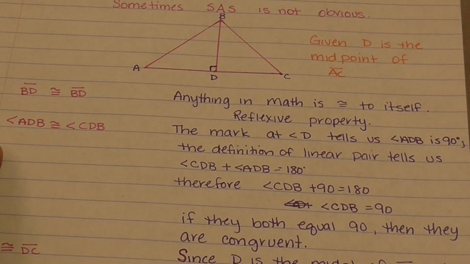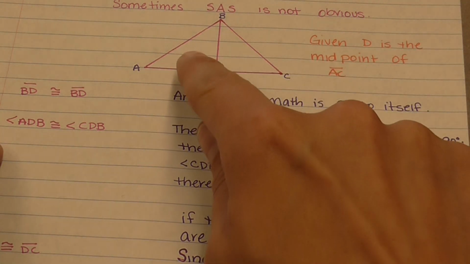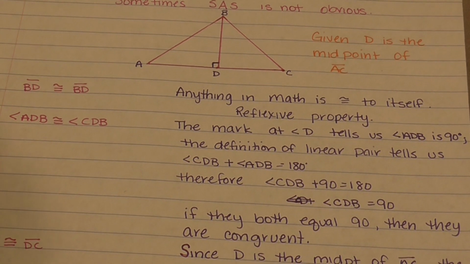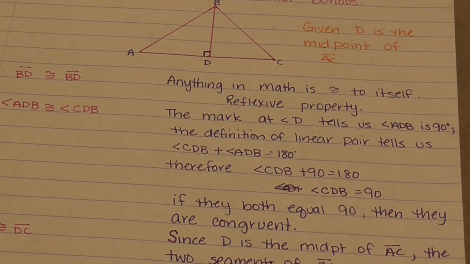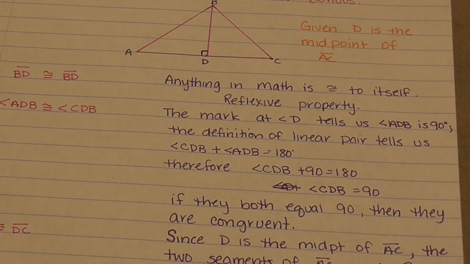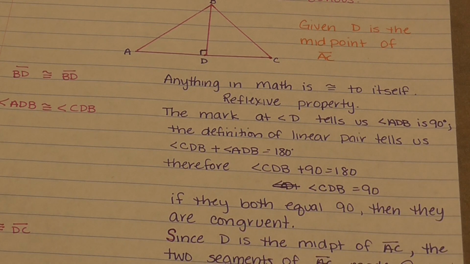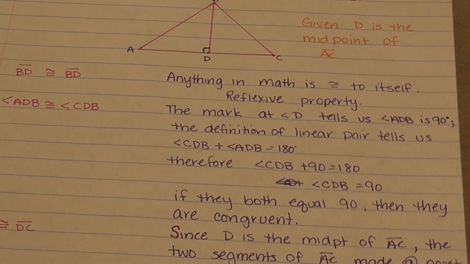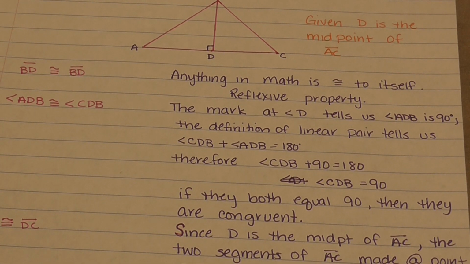So I know that angle CDB, which is over here, plus ADB, which is over here, has to add up to equal 180 degrees. Well, since ADB equals 90, I can replace it. When I subtract 90 from both sides, CDB also equals 90. If they both equal 90, then the two angles are congruent to each other. That's the definition of congruence, two things that equal the same.